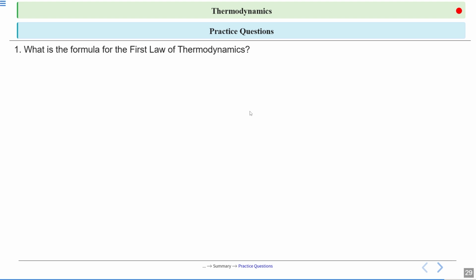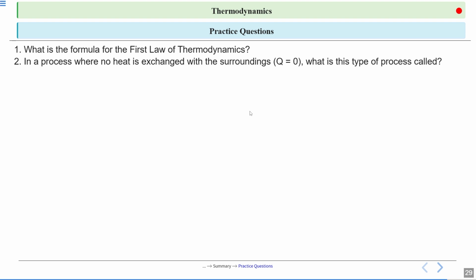Now practice questions. This is homework for you. First, what is the formula for the first law of thermodynamics? Here you have to find out the mathematical term of the first law of thermodynamics. Second, in a process where no heat is exchanged with the surroundings, no heat exchange means Q equal to 0, what is this process called?